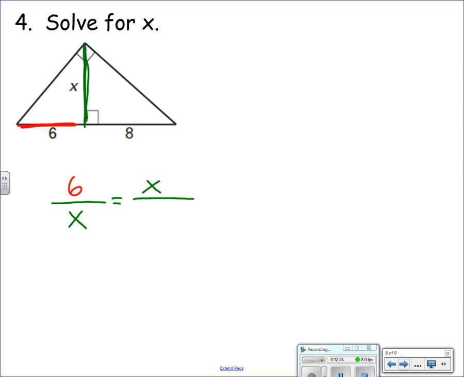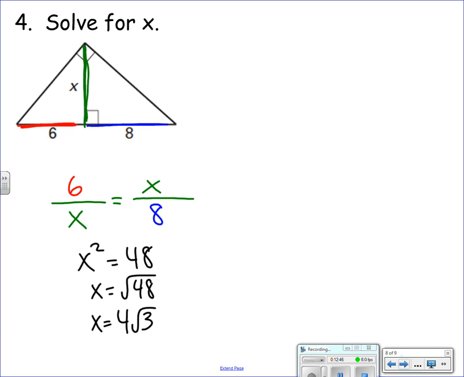So 6 and 8. So now I cross multiply. X squared is equal to 48. I square root. We don't take the plus and minus here because we're talking about a length. So x simplifying our radical is 4 root 3.